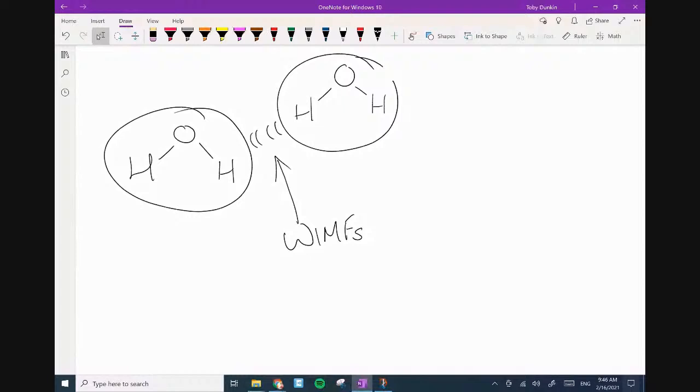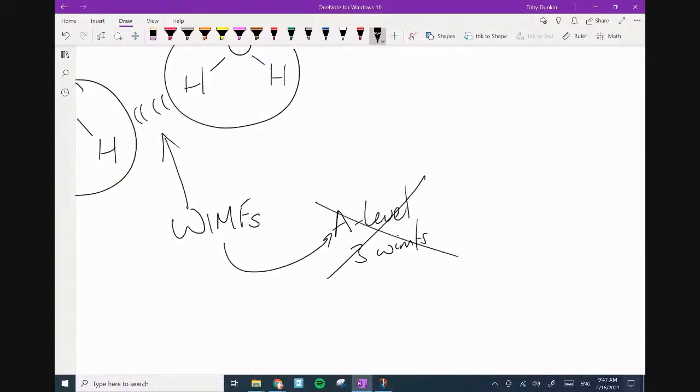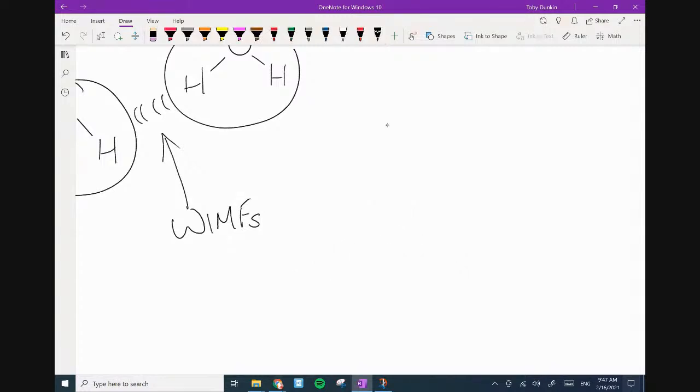So just as a spoiler, thanks to Zyna, at A level you learn that there are 3 WIMFs, and one of them is van der Waals forces. But you don't need these at GCSE. All you do is call them weak intermolecular forces.